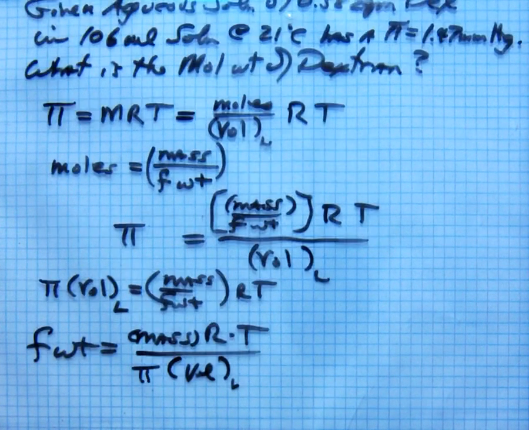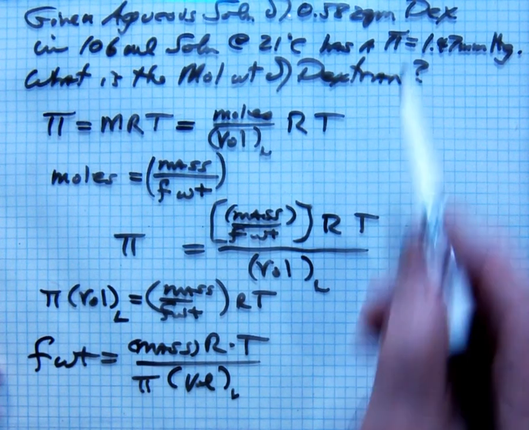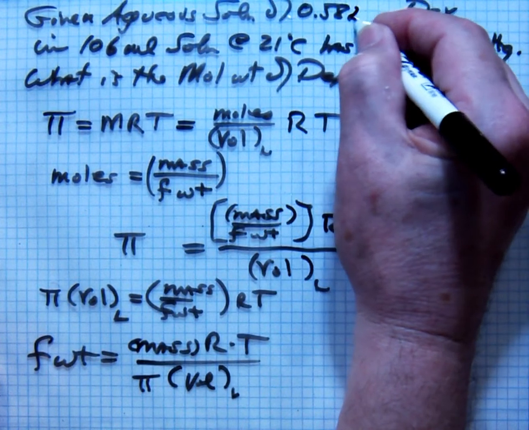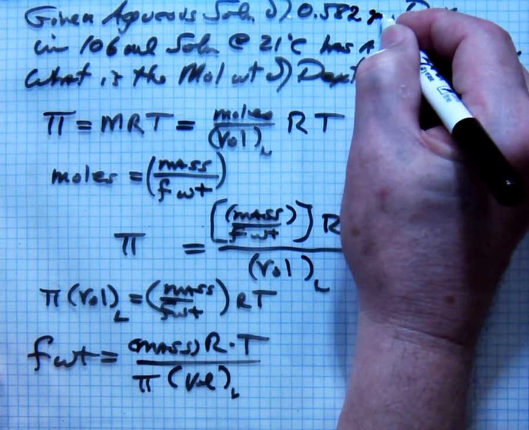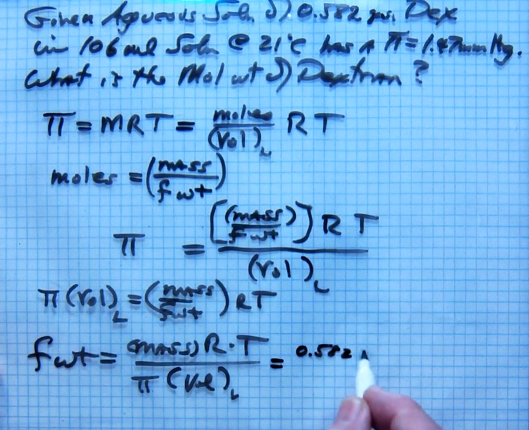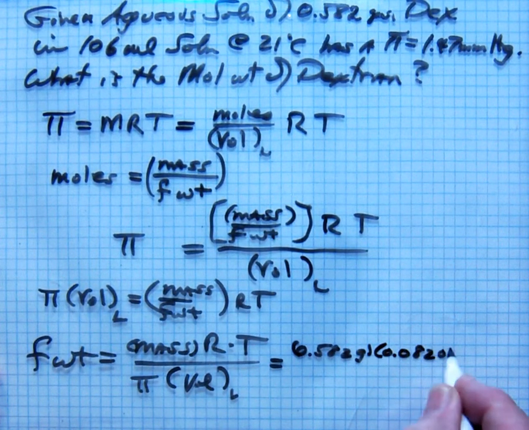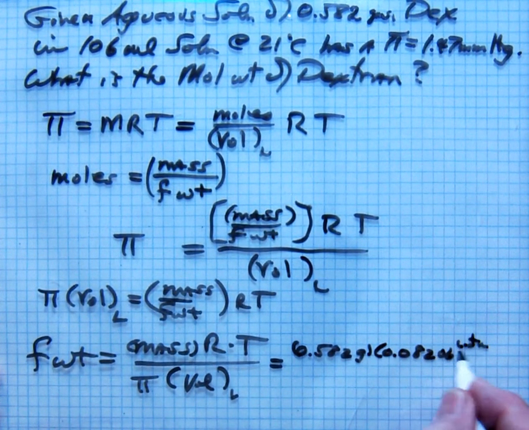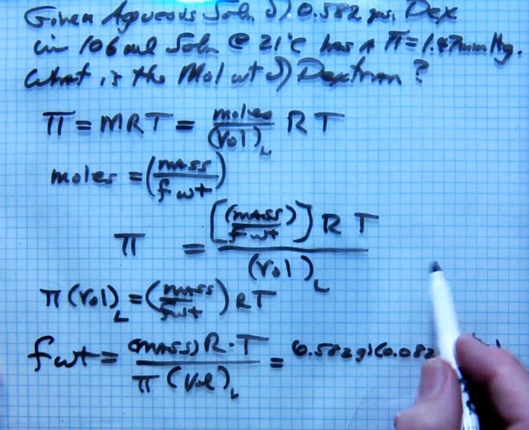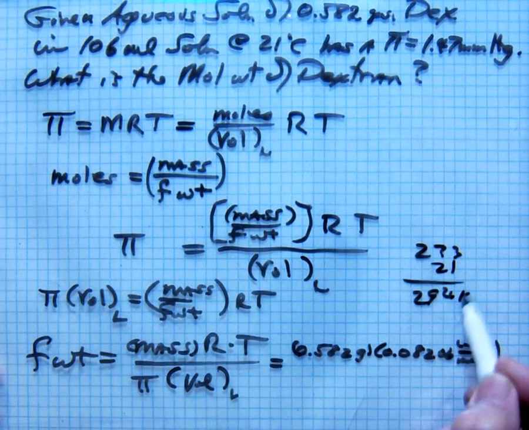So go back up here and check our data real quick. Okay, so we're given 0.582 grams. R is 0.08206 liter atmospheres over mole Kelvin, and our temperature is 21 degrees plus 273, which is 294 Kelvin.